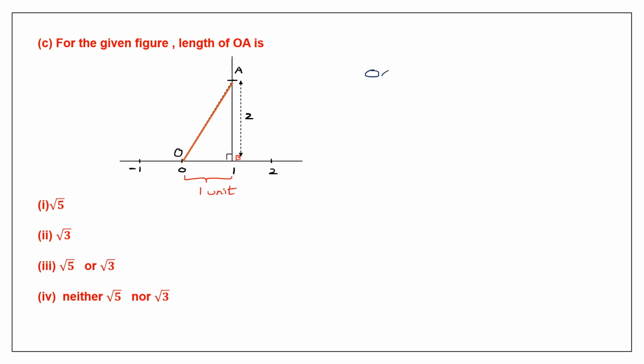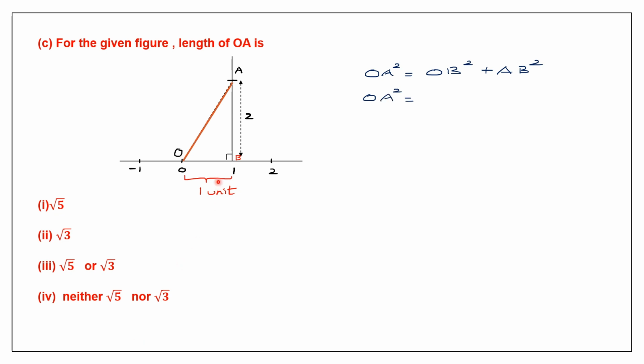The Pythagoras theorem says OA square is equal to OB square plus AB square. Now we are asked to find the measurement of OA, isn't it? So we can find it using the Pythagoras theorem. Now let's see what measurements we have. Here, this is OA square, which we don't know.